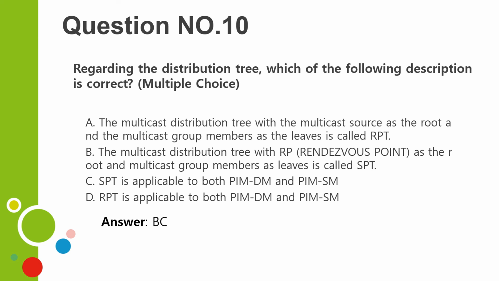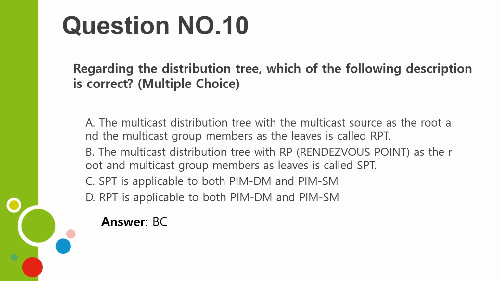Question number 10. Regarding the distribution tree, which of the following description is correct? Multiple choice. A. The multicast distribution tree with the multicast source as the root and the multicast group members as the leaves is called RPT.